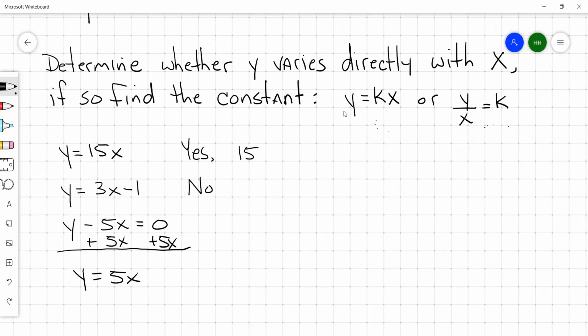So now that this equation's been manipulated a little bit, doesn't it match the first example? So this is a yes. And what's our constant of variation? The 5. Good, because it's sitting where the k is.